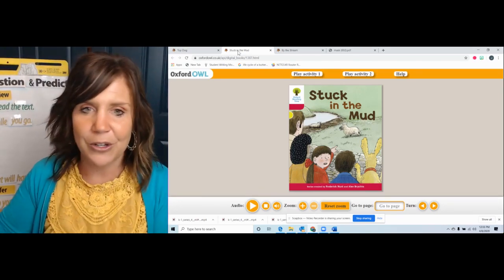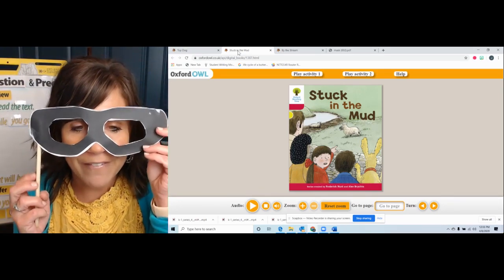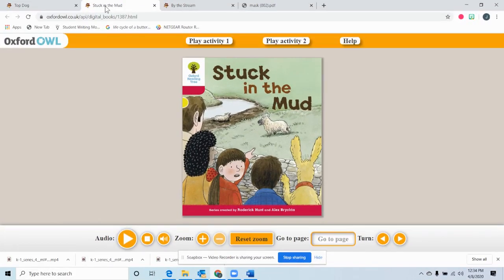So I want you to look at that very front cover and just try to predict what you think this book might be about. Use your thinking voice. Yeah. Did you say the sheep's going to get stuck in the mud? And all these people are looking and pointing.